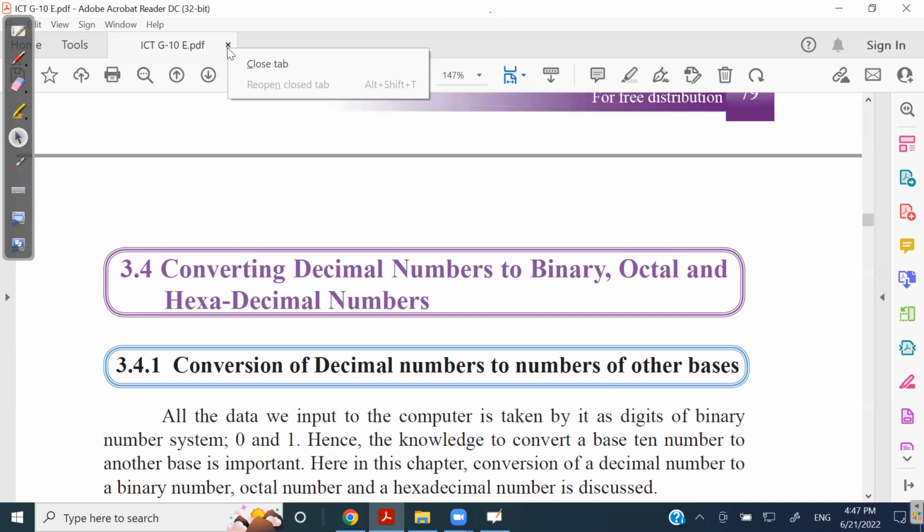I can't remember what I said properly. Can anyone repeat? There will be 4 types of conversions in between number systems as follows. Got it, Rizwan? Right.